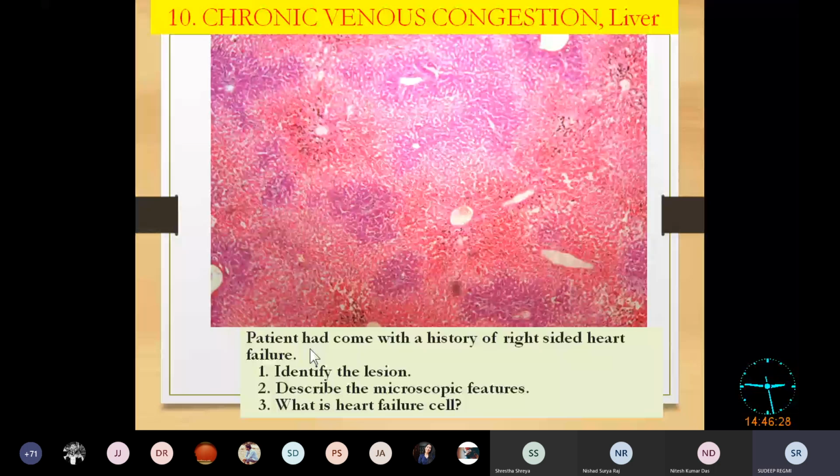Okay, that you have to know. Therefore, there is chronic venous congestion of the liver. So, identify the lesion, chronic venous congestion of the liver. Describe the microscopic features. We have already talked about it. What is heart failure cell?